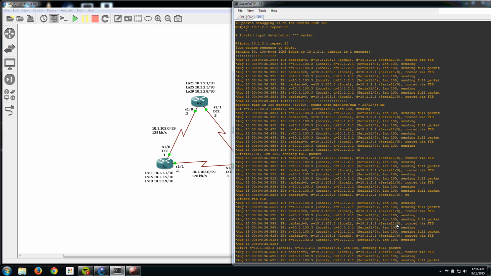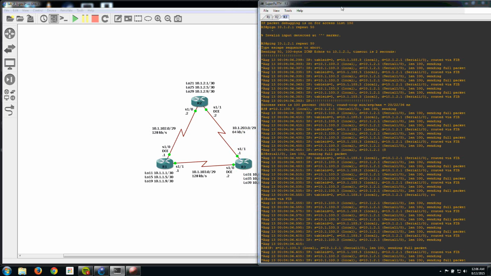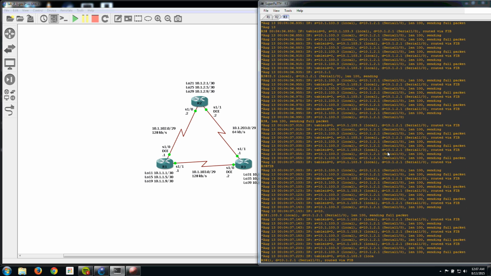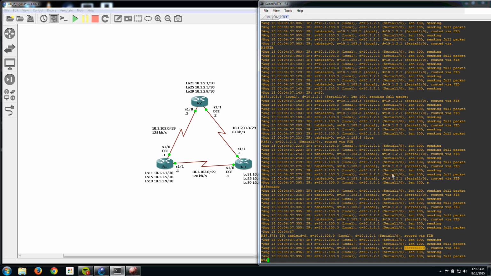I'm saying all of them went to serial 1/0. I don't see them going to serial 1/1. Parsing through it here, I don't see anything where it went to serial 1/1.